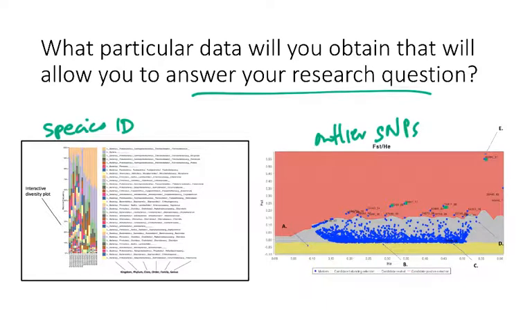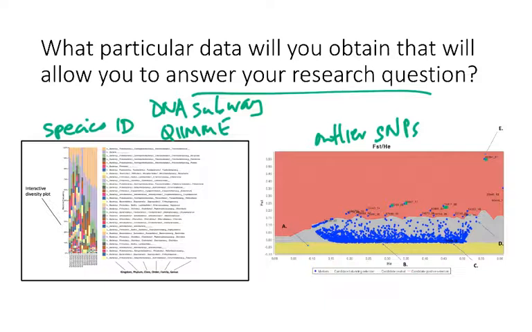And then once you've figured out what type of data you need to answer your research question, you also want to think about the analysis programs that are going to help you obtain that data. In this case, when we did this metabarcoding species ID approach, we used DNA Subway, but really that was just an interface for this program called QIIME. Hold on, I can't remember if there are two I's.